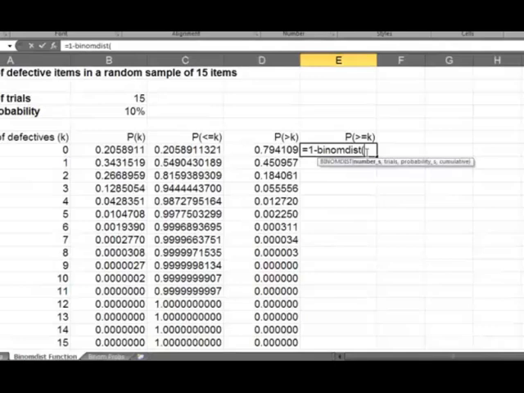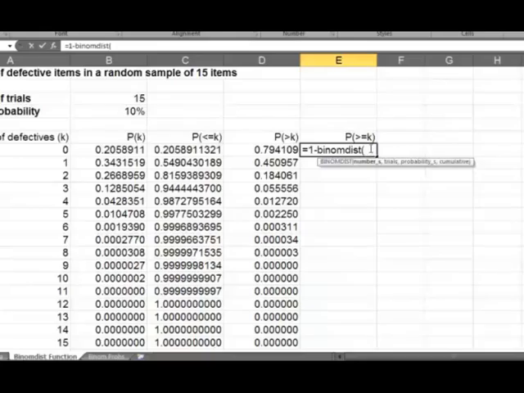So the piece that goes into this binom dist formula has to, in this case, not be k, but be k minus 1. This is where we say we have to be really careful now as we're implementing this. So if I want the probability of being greater than or equal to k, I have to remember that I cannot include the probability of k. I can't include the value of k in the portion that I'm subtracting. So I have to step down from k to k minus 1.